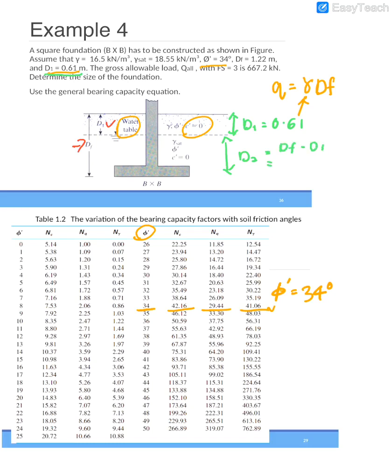The depth of the foundation is 1.22 minus 0.61, so equal to 0.61 meter.